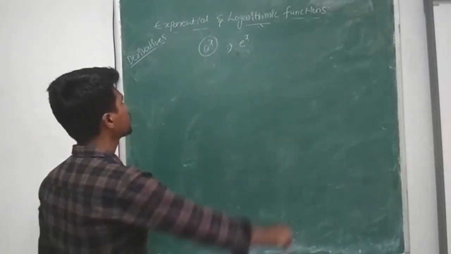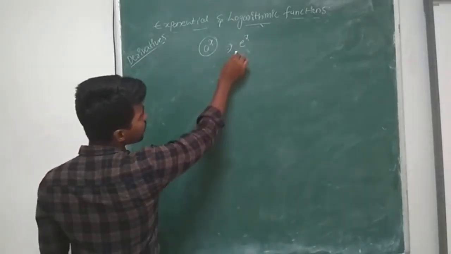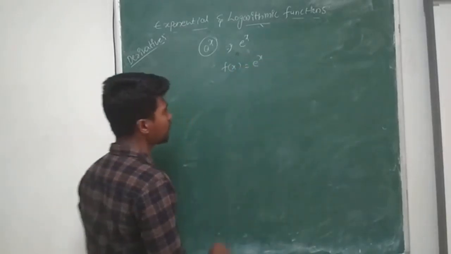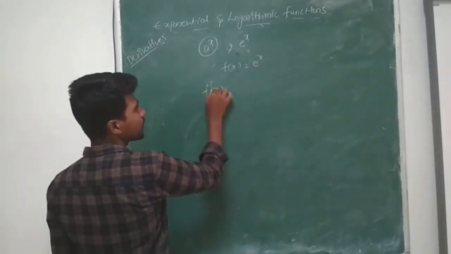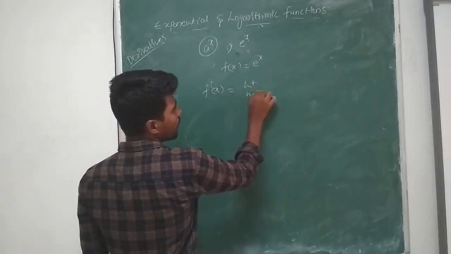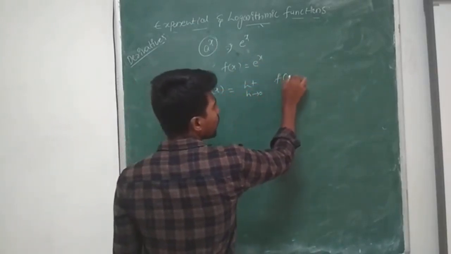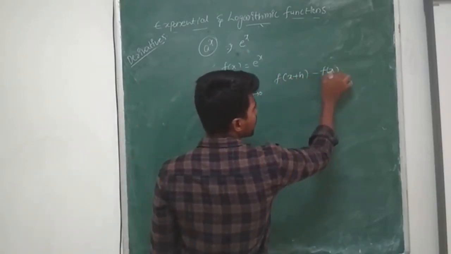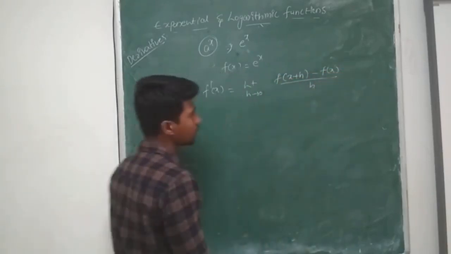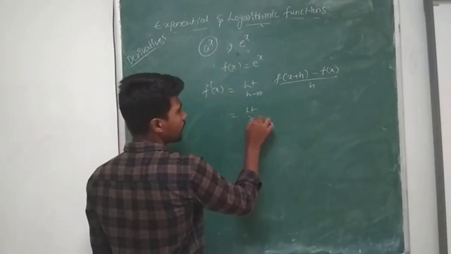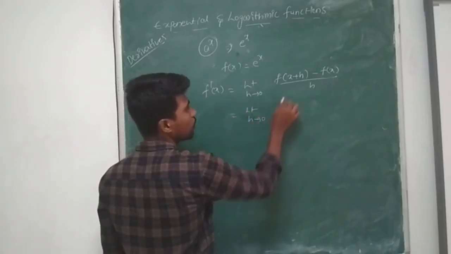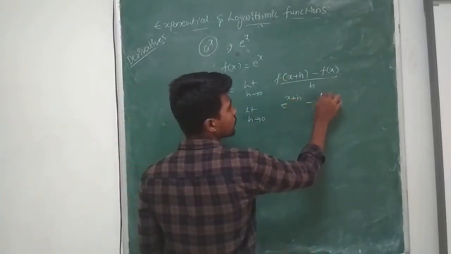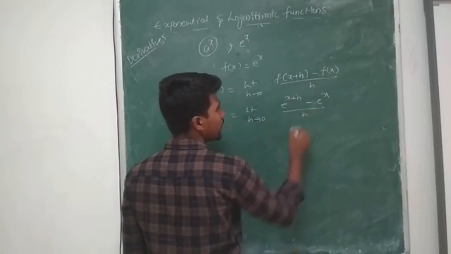So I consider the function f of x as e power x. From the definition, what can we write? F dash of x is equal to limit h tending to 0 of f of x plus h minus f of x by h. So I get limit h tending to 0, e power x plus h minus e power x by h.